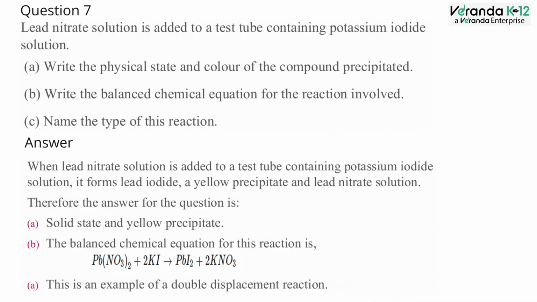When the lead nitrate solution is added to a test tube containing potassium iodide solution, it forms lead iodide, a yellow precipitate, and potassium nitrate solution. Therefore, the answer for A: solid state and yellow precipitate. Subdivision B gives PbI2 plus 2KNO3. Subdivision C: this is an example of a double displacement reaction.